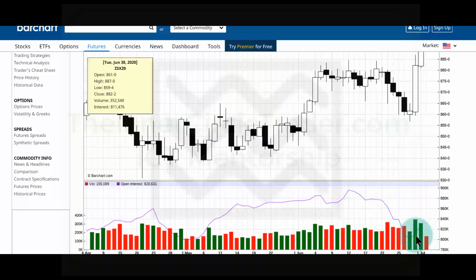this drop down in open interest indicates short covering by the commercial traders. Commercial traders are like Kellogg's, okay, or Nabisco, okay, big, huge companies that make a lot of product with a commodity, like, for instance, soybeans.